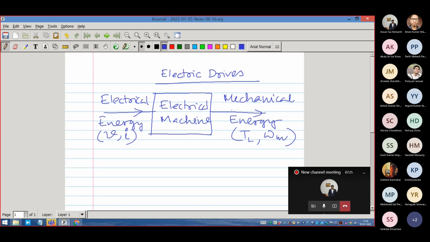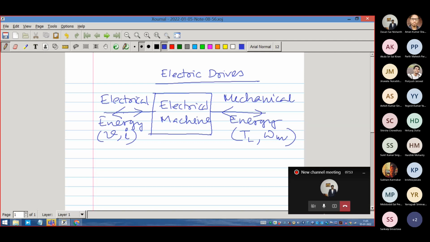But when it is mechanical energy in and electrical energy out, we call it a generator. An electrical machine is a bidirectional energy transfer device. It doesn't have any specific choice to transfer energy in only one direction. It depends upon the application; it can be used as either a generator or a motor.